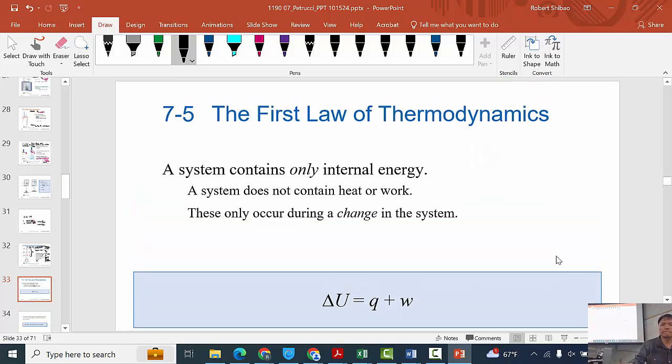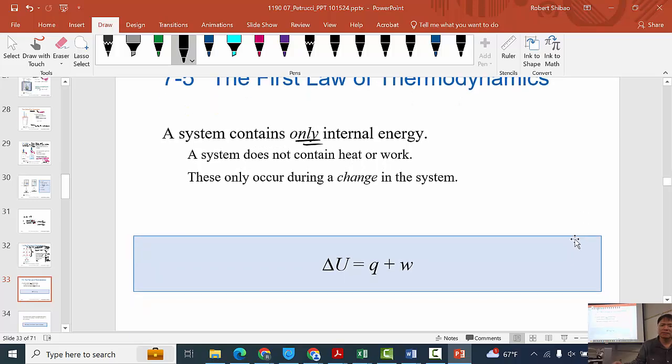So we want delta U. A system contains only internal energy. This just means the total energy. A system does not contain heat or work. Heat and work are exchanged when there's an energy change. For example, if your system loses energy, then the surroundings will gain that energy in terms of heat and work.